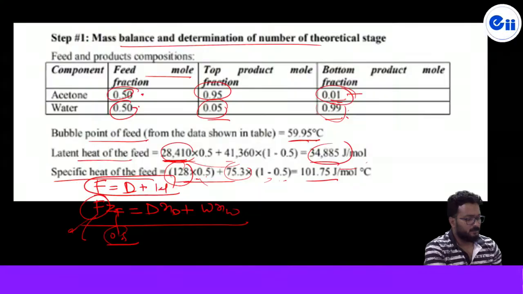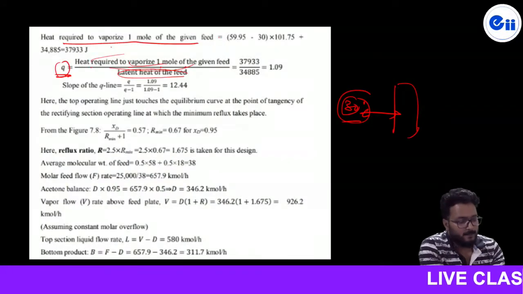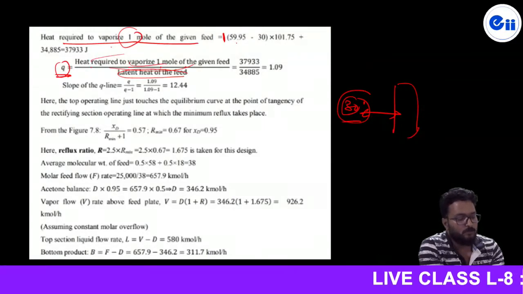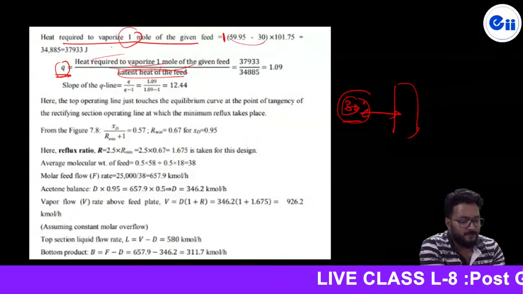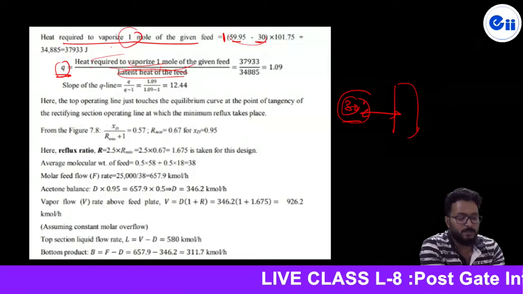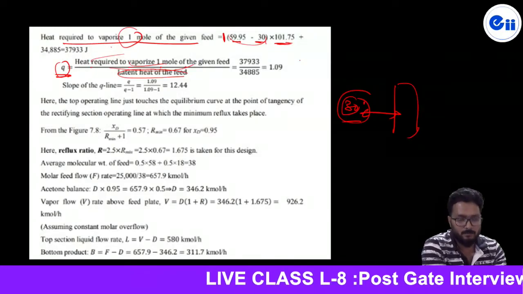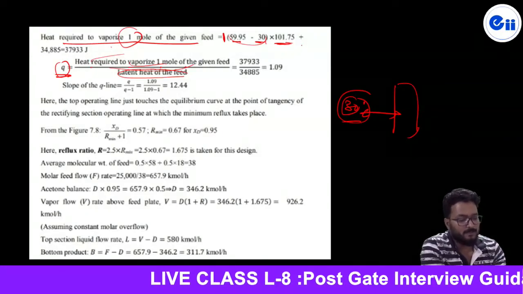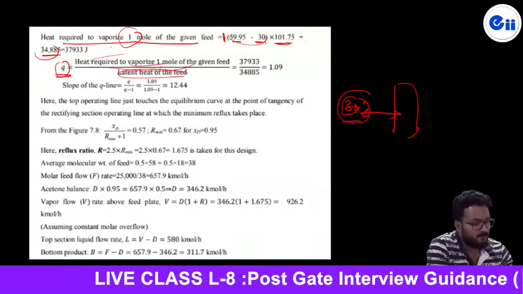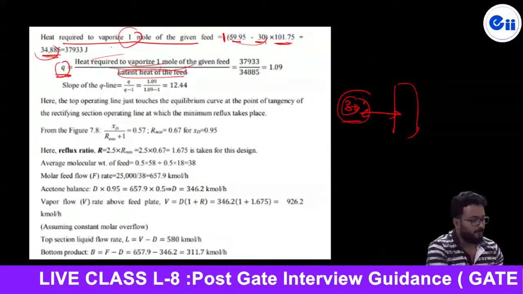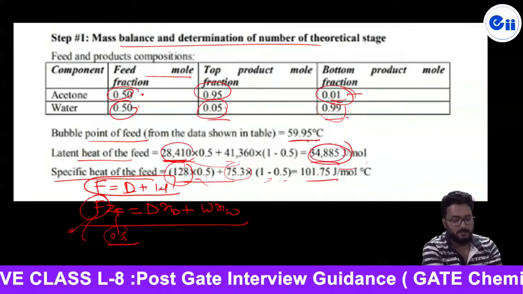The same thing here. The first is sensible heat, mCp dT, and since it is for 1 mole, then 1 into the temperature difference from the bubble point to the feed temperature into Cp of the mixture, which I have already calculated, plus latent heat of evaporation, which I have already calculated for the mixture.